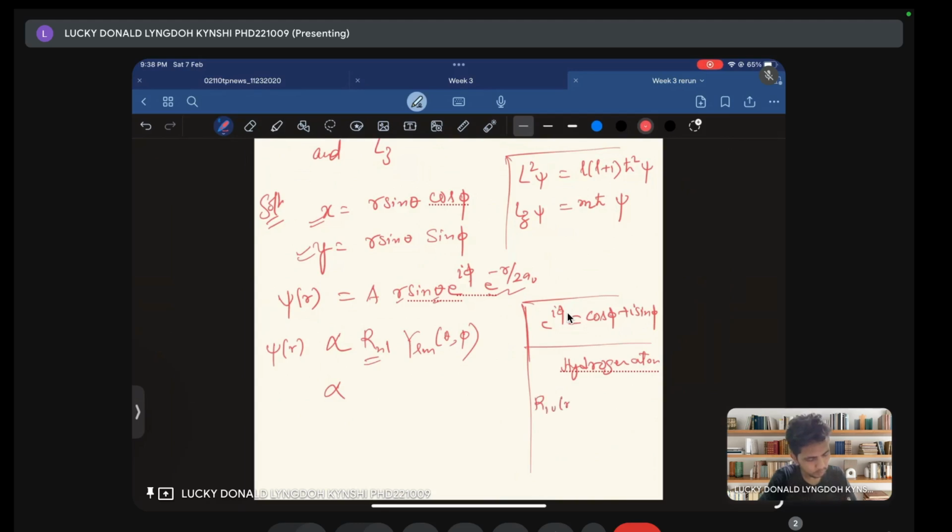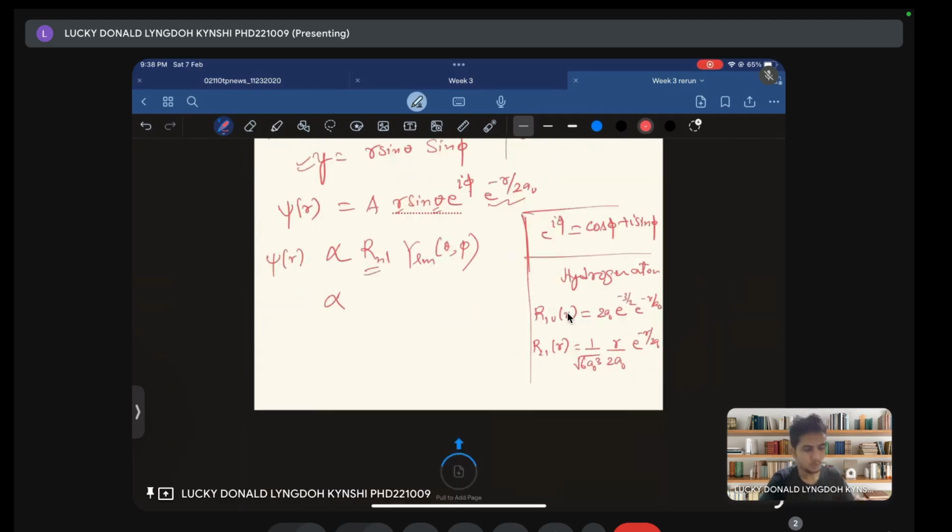R10 of r is given to be 2 over a naught to the power 3 by 2, e to the power minus r divided by a naught. Next, R21 of r is equal to 1 by root over 6 a naught cubed, r divided by 2a naught, e to the power minus r divided by 2a naught.